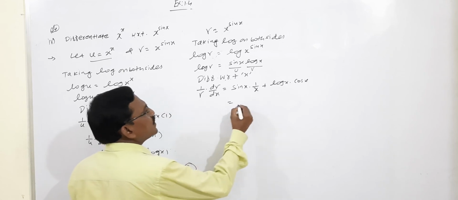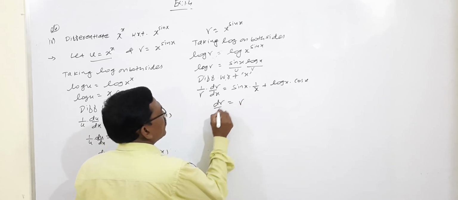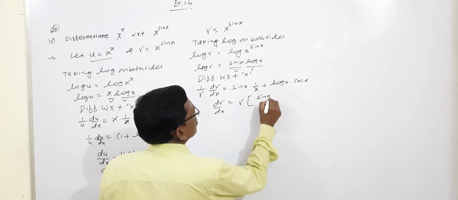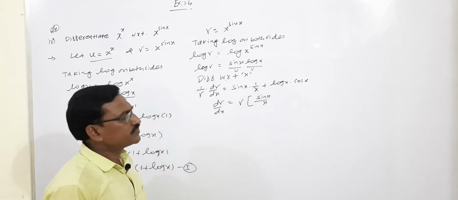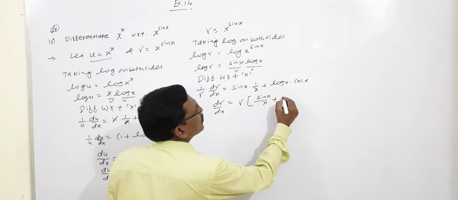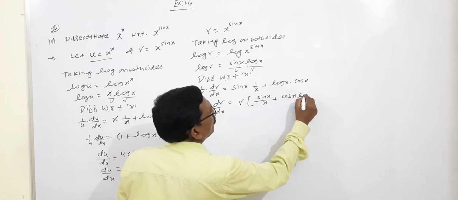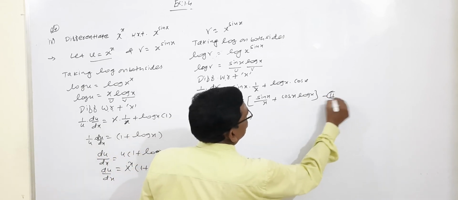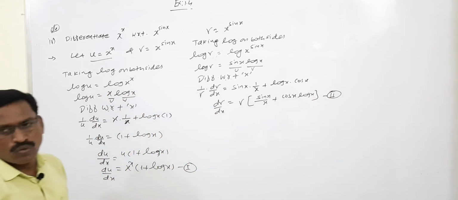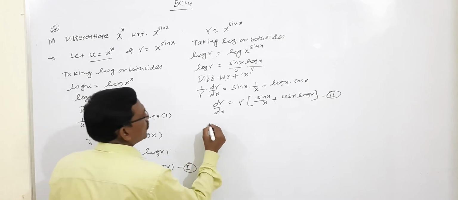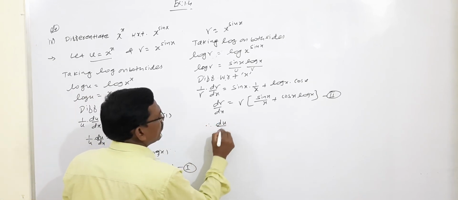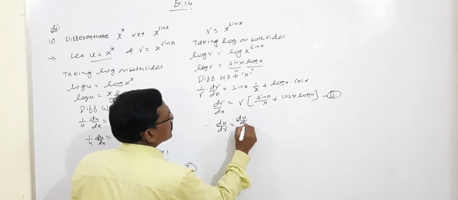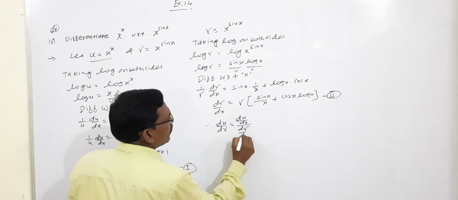Now take this v to this side. It is dv by dx, which is x to the power sin x into sin x divided by x plus cos x into log x. Call this second. Now therefore du by dv is equal to du by dx divided by dv by dx.